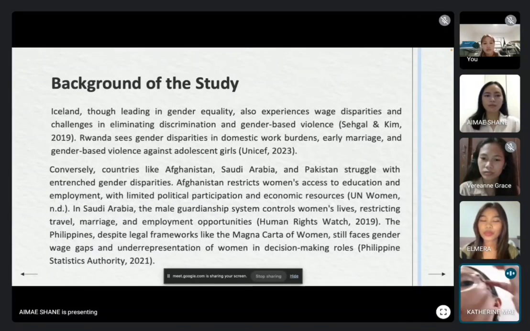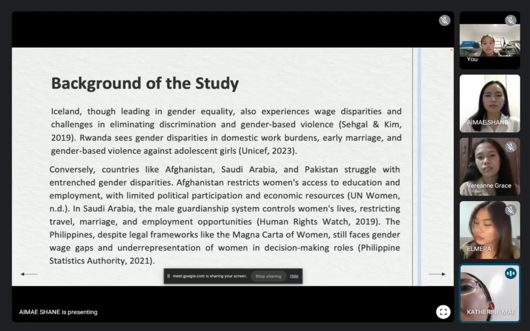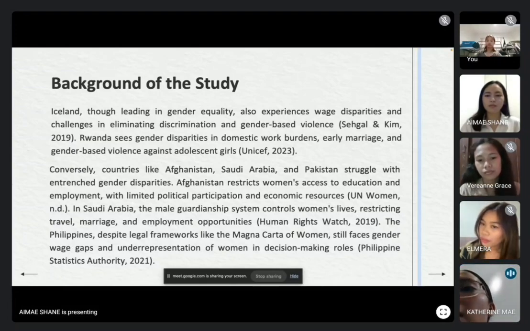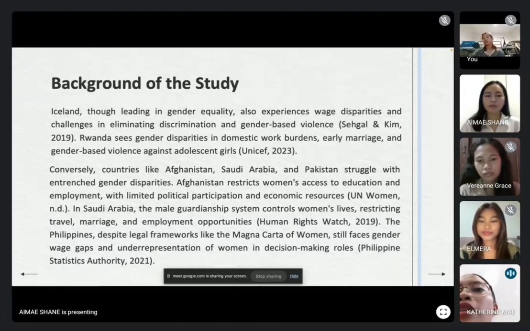Okay, so Iceland, though leading in gender equality, also experiences wage disparities and challenges in eliminating discrimination and gender-based violence. Rwanda sees gender disparities and domestic work burdens, early marriage, and gender-based violence against adolescent girls.